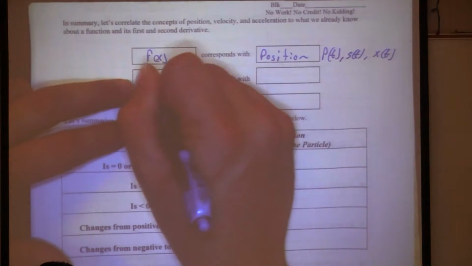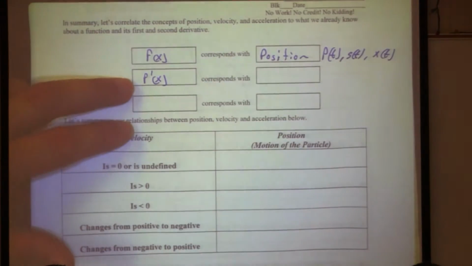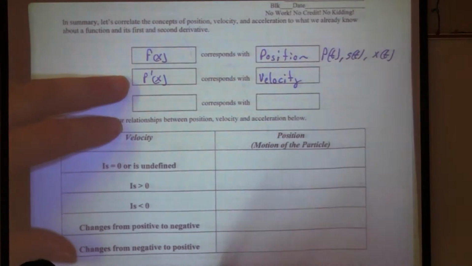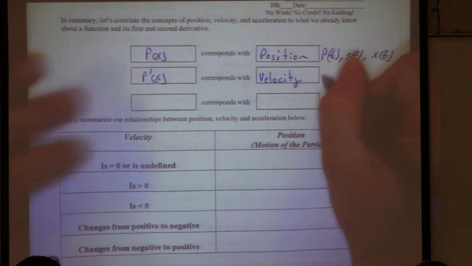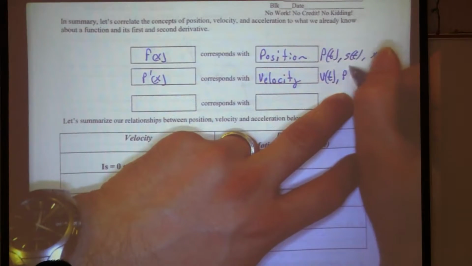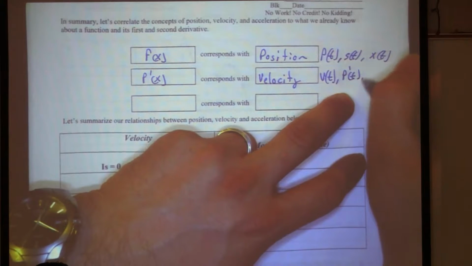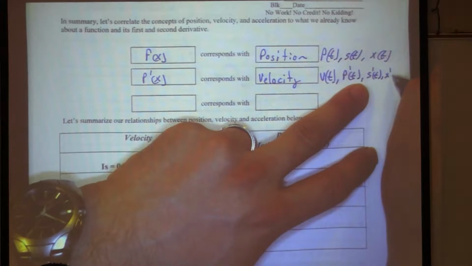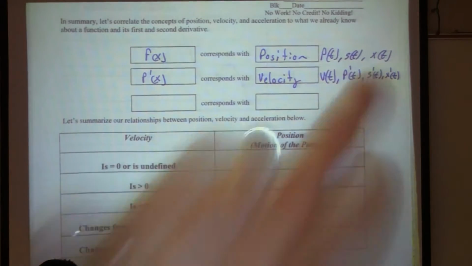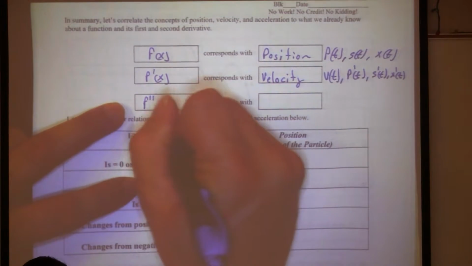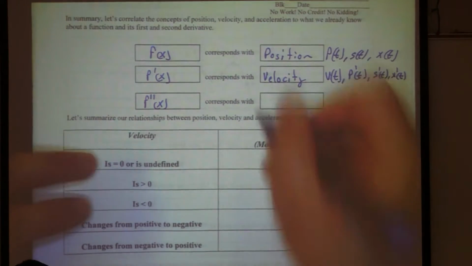When I get the first derivative of my function, that would correspond to what? Velocity, right? Which would be v of t. Or it could also be P prime of t or S prime of t or X prime of t. With me? When I find the second derivative, that corresponds to what?